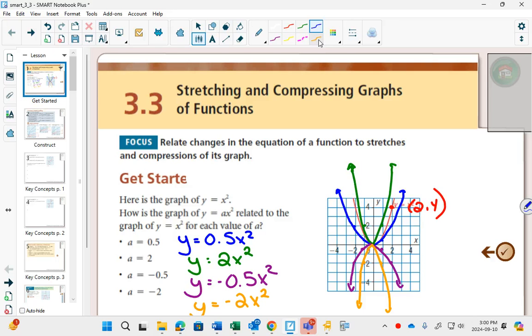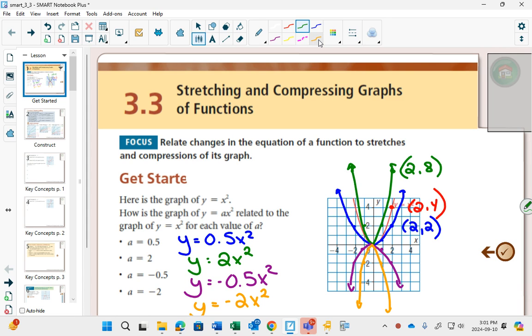So notice here, when I have a half, something's going to happen to my y value, and sure enough, my y value got cut in half on the blue graph and has 2, 2. And on the green graph, I have a 2 out in front, and sure enough, my y value gets multiplied by 2, and I now have 2, 8.